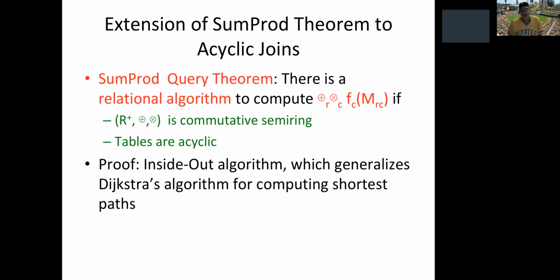Sum-product queries can be computed efficiently by a relational algorithm for acyclic tables. The algorithm that does that is essentially a generalization of Dijkstra's algorithm to compute minimum cost objects that are not paths; they're more general than that. Another way to think about the definition of acyclicness is that it's the structure you need in order to generalize Dijkstra's algorithm.